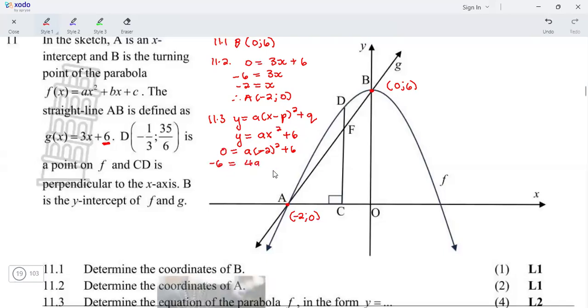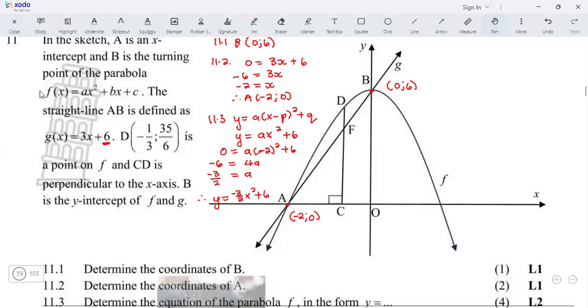So you divide by 4 on both sides. You're going to end up with a = -3/2. Now we can conclude that our equation is y = -3/2 x² + 6. That's our equation. Right, done.